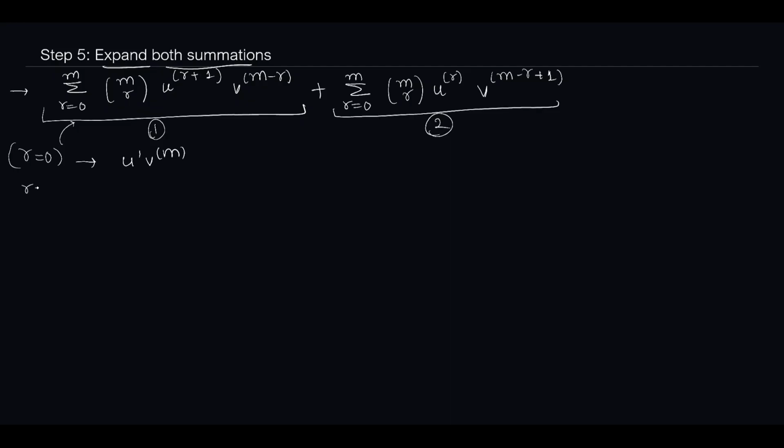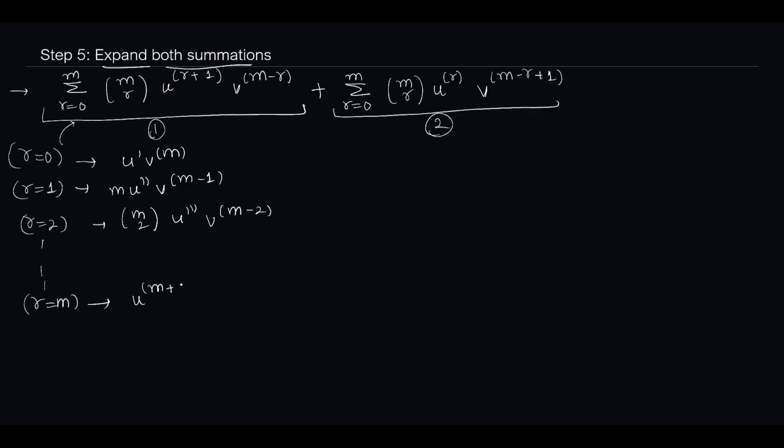For r equals 1, it is m u double prime v^(m-1). For r equals 2, we get m choose 2, u triple prime v^(m-2). So on till r equals m, that is the last term, we will get u^(m+1) v. So this is from the first part that we got.